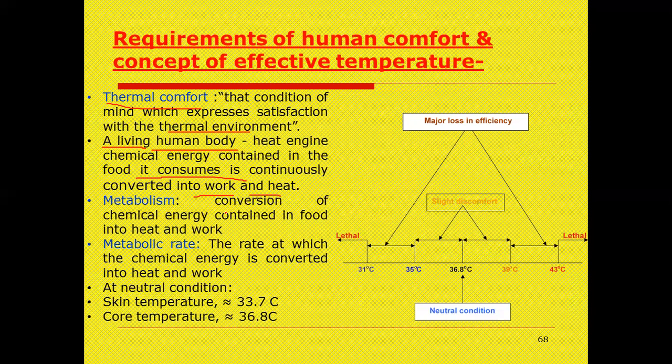At neutral condition, the temperature of the skin of the human body is 33.7 degrees centigrade, and the maximum core temperature we will take is 36.8 degrees centigrade. Beyond that, the human skin will get irritated because of the temperature. Now, what happens when the major losses in efficiency happen? The skin temperature maximum is 31 to 35 degrees centigrade, and the neutral core temperature we reach is 36.8 degrees centigrade.